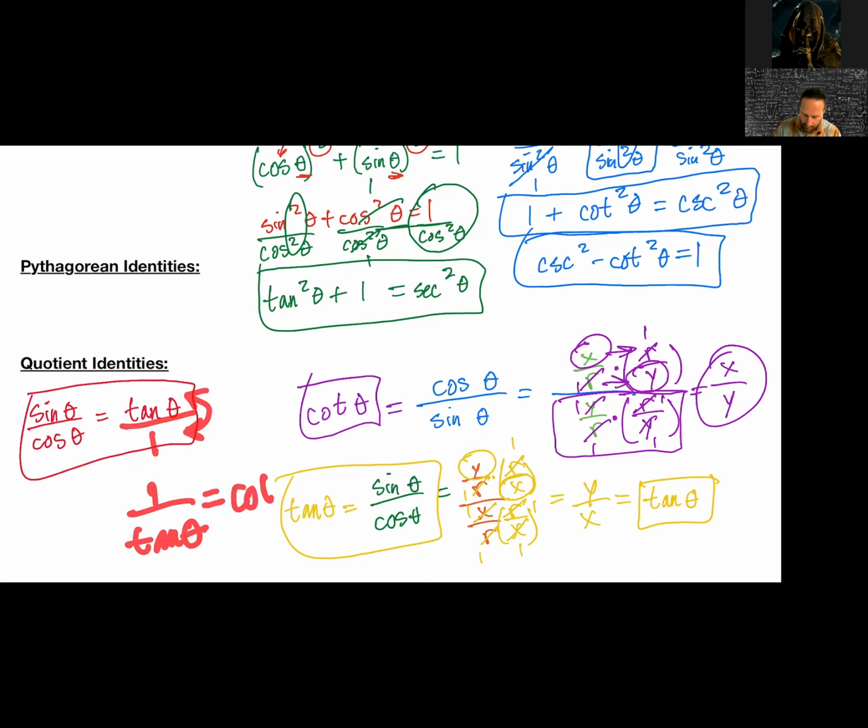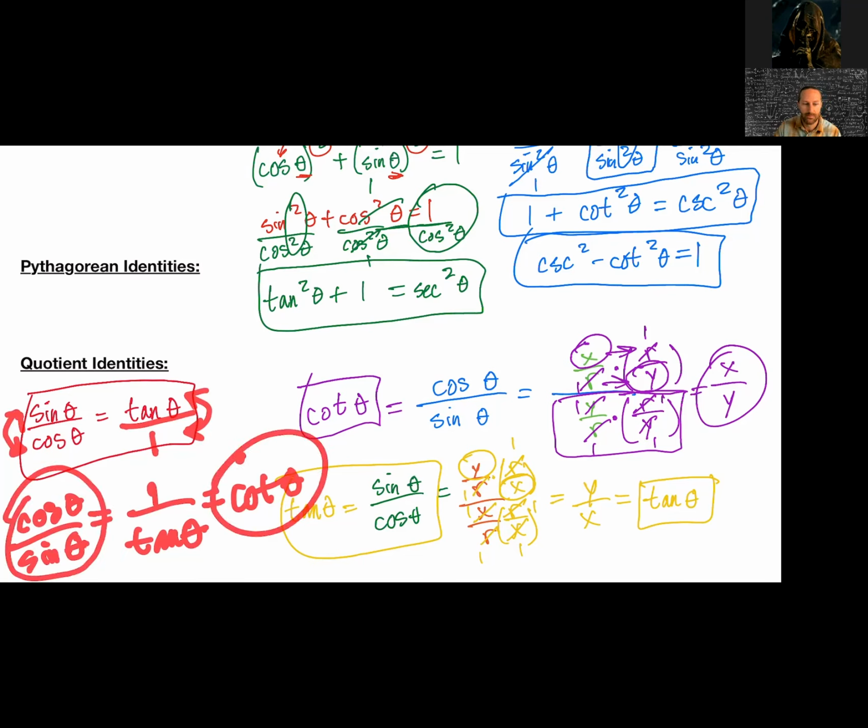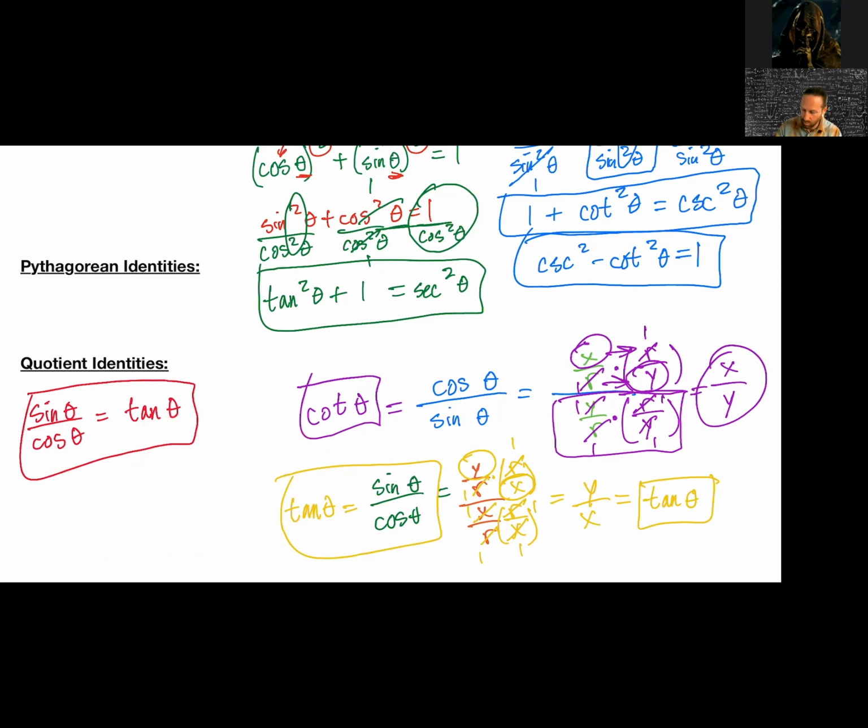Cotangent. Very good. Then I'd have to flip this side, which would be cosine over sine of that angle. So I know that this is equivalent to that, or I just proved it to you here. So cosine over sine, when you have the cosine on top, it's going to be cotangent.